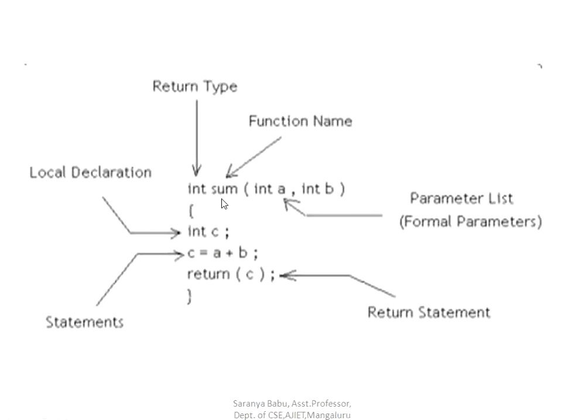If it is to find the sum of two numbers using a function, this is how you have to write it. So int is the return type, sum is the function name, this is the parameter list, which we have already seen. Then this is the local declaration, the executable statement, and this is the return statement. Is it clear, students? This is how you define the function. This is called function definition.